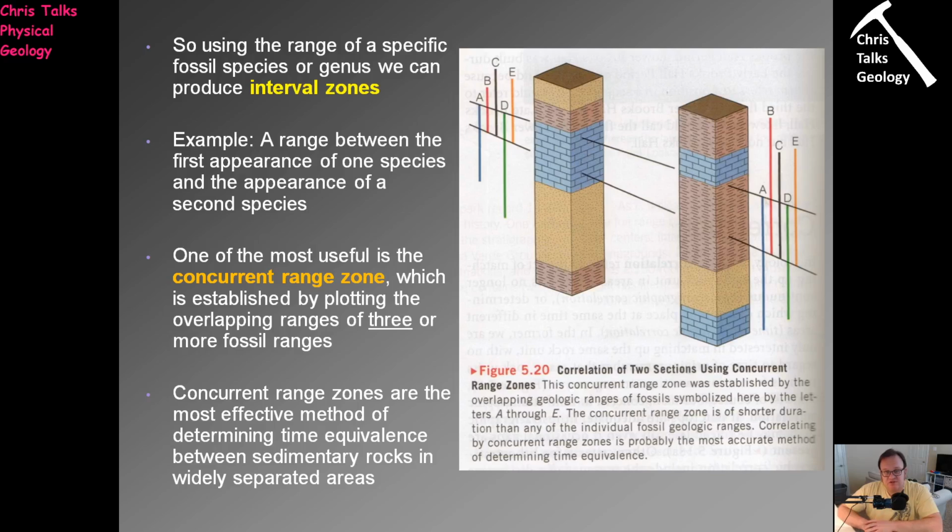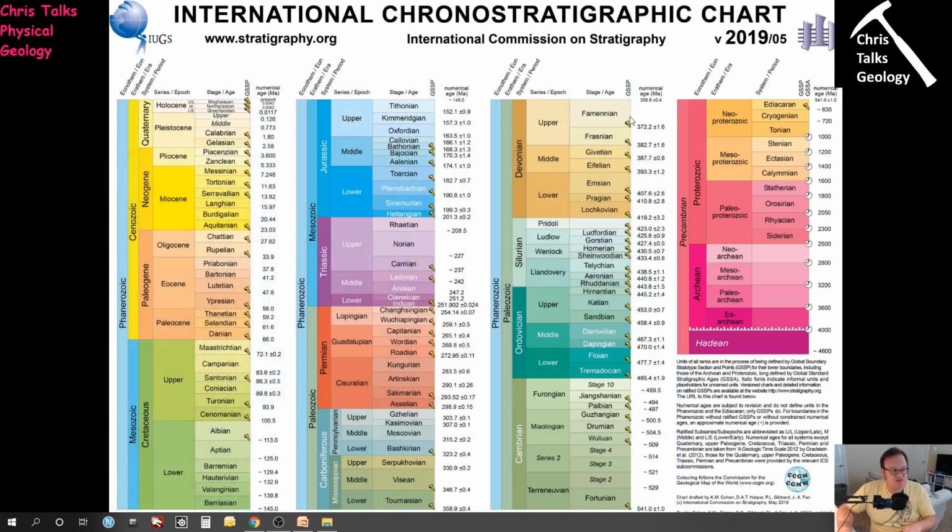One of the ways we see interval zones is in things like the geologic timescale. So I'm actually just going to do this for a second. Here is the geologic timescale. It's back on my computer's screen. You can see all of these are essentially nothing but interval zones. They are based on the first and last appearance of certain key fossils. And that's all they are.